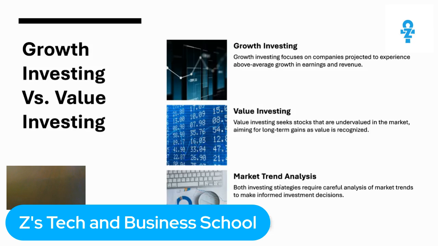Growth investing versus value investing. All right, so growth investing focuses on companies projected to experience above average growth in earnings and revenue. So growth companies, right? When you invest in them, they don't give out dividends. What growth companies do, they put the money that you give them back into the company.